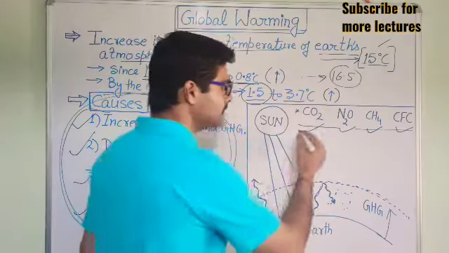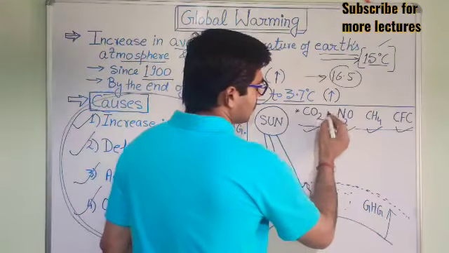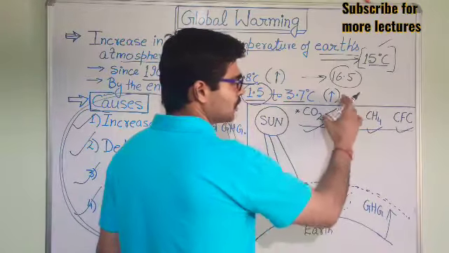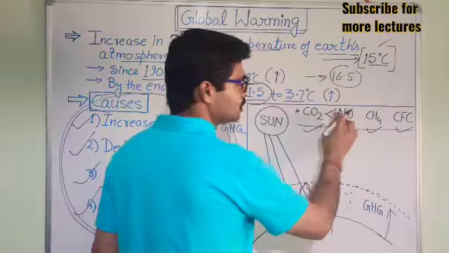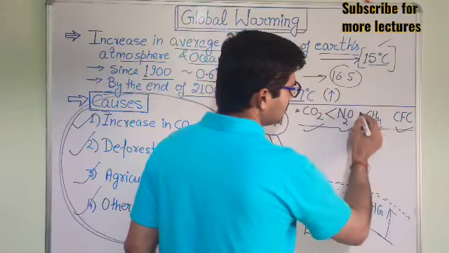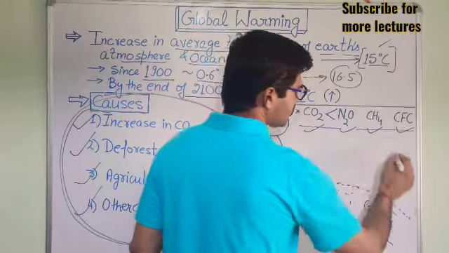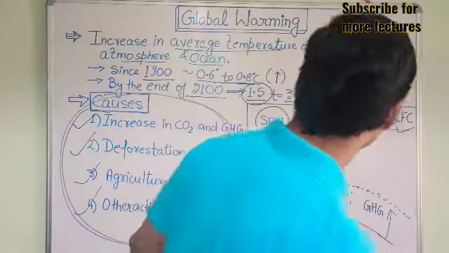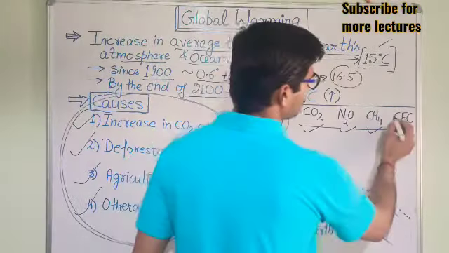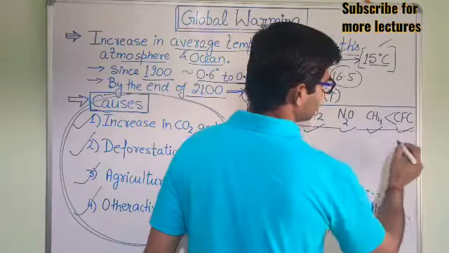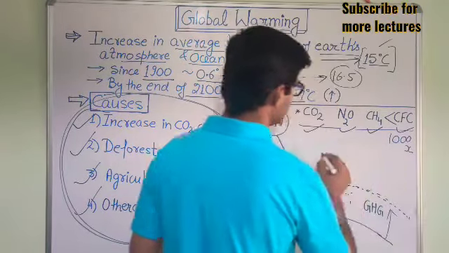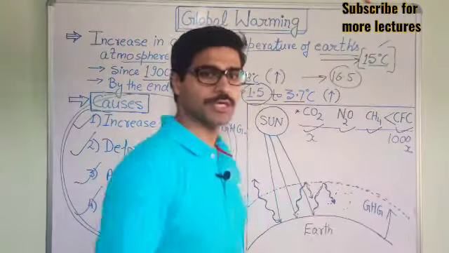If we compare this, the global warming potential of nitrous oxide is more than CO2. The global warming potential of chlorofluorocarbon is maximum, about thousands of times in comparison to carbon dioxide.